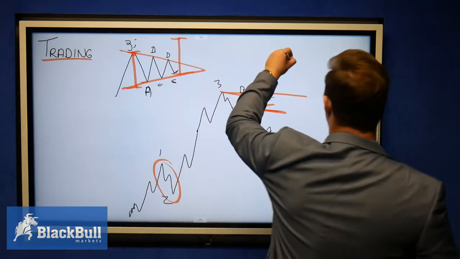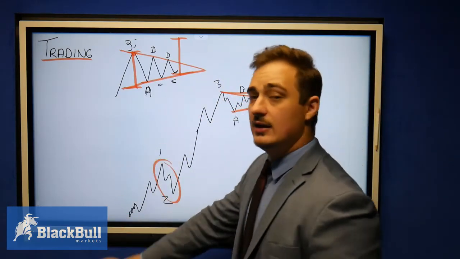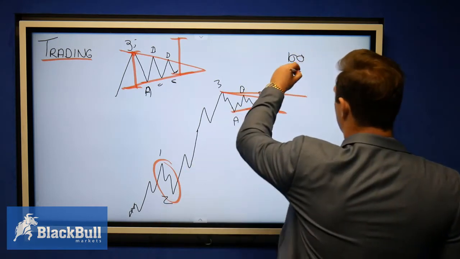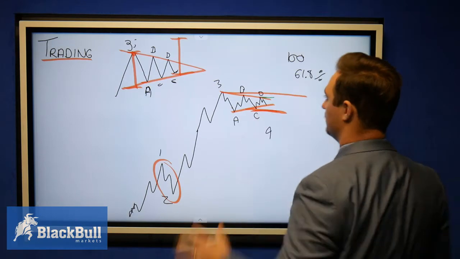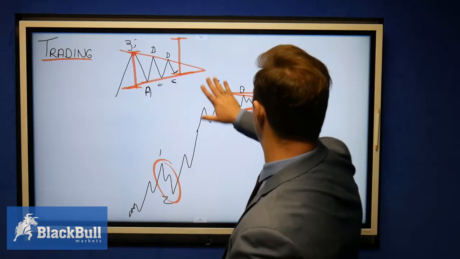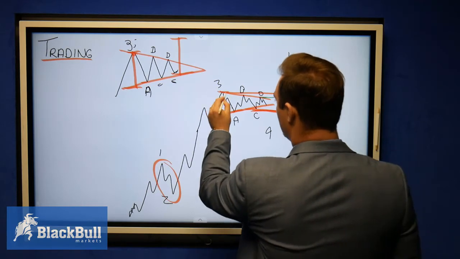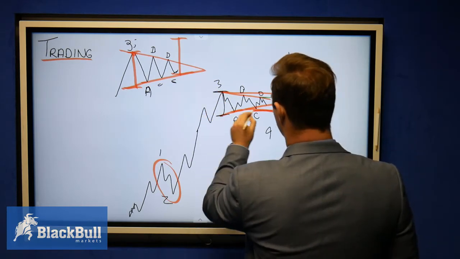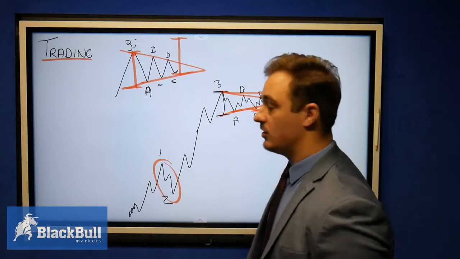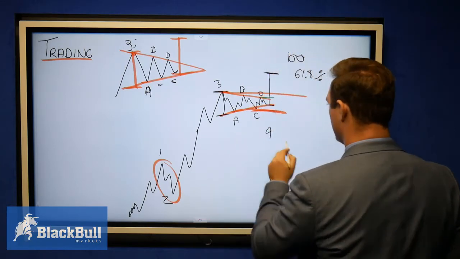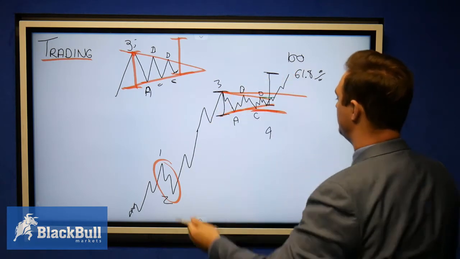It's usually 100% of that move, but when we dive into the Fibonacci, we'll start looking at 61.8% of that move. But when we get to Fibonacci, we'll look at that. But generally speaking, if we measure this wide part over here and we place it at the end of the E wave, that's generally where our target's going to be. So the market could go 1, 2, 3, 4, and 5 finishing at that point.